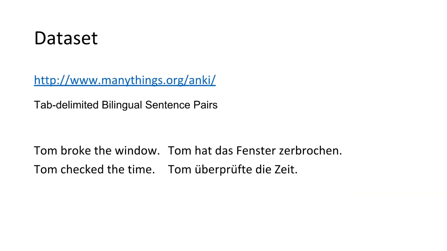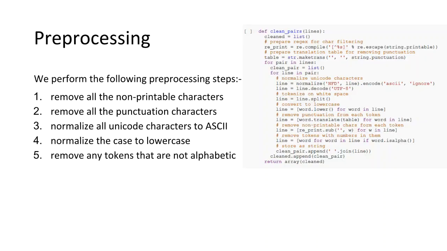So the data set which we have obtained is a delimited sentence pair which contains an English sentence and its corresponding German sentence. And so we have performed the following pre-processing steps: removing non-printable characters, removing punctuation characters, converting Unicode to ASCII, and converting everything to lowercase.